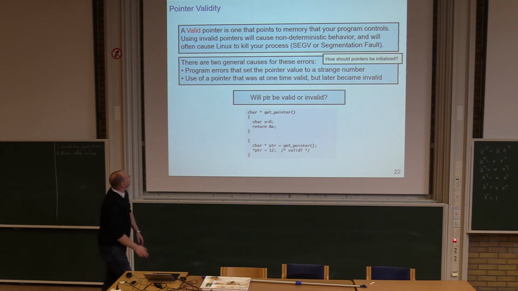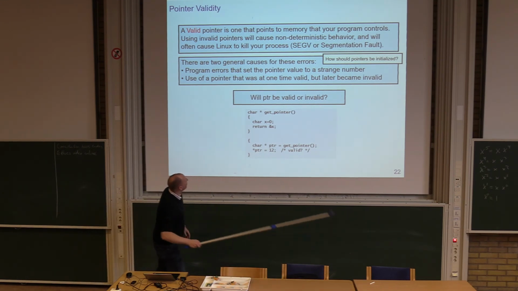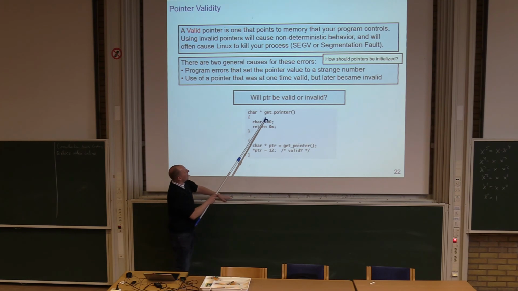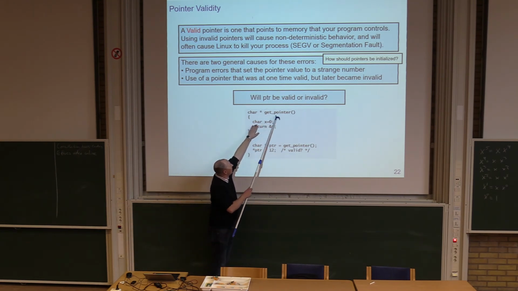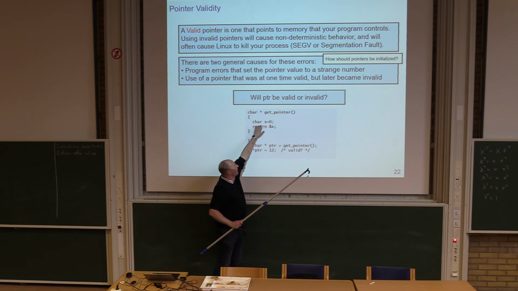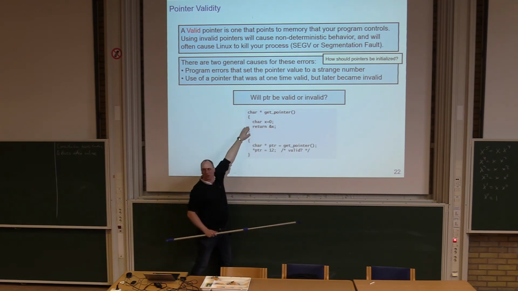So this is an example here. What will happen now? You have a function called getPointer that returns an address to a character. Inside this function, you declare x as a character and initialize it to 0, so it will be put on top of the stack.